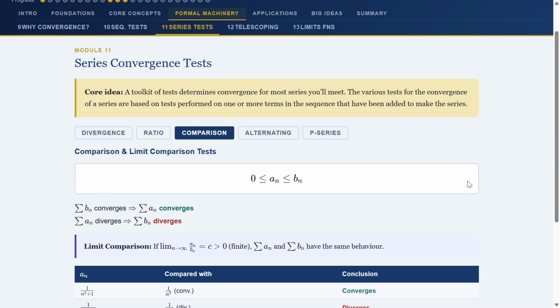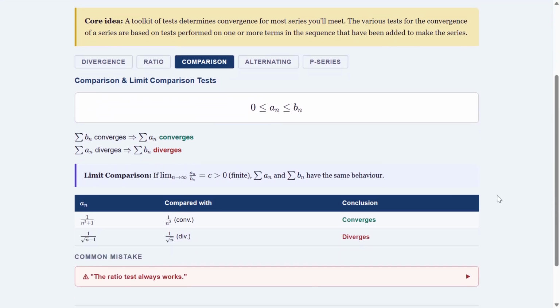Alternately, if we know that the sum of the terms of A diverges, then because the terms in B are bigger than those in A, we know that the series B will diverge.